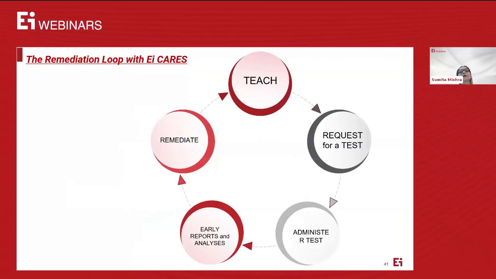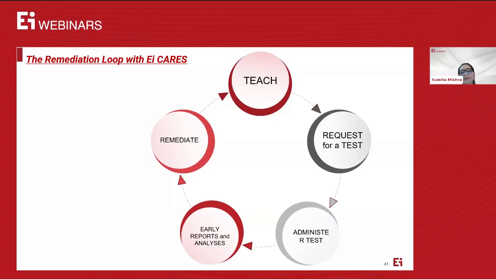How does this remediation loop come in the context of EI CARES? What does the EI CARES ecosystem allow for this kind of remediation to take place? On the EI CARES portal, you make a lesson plan that you normally do. On the portal, you request a test. You administer the test at a scheduled time based on your lesson plan.